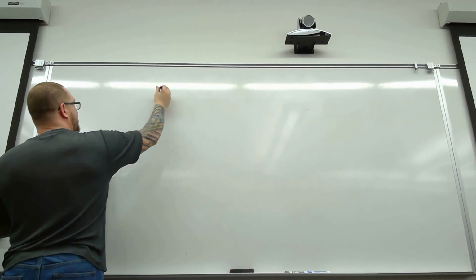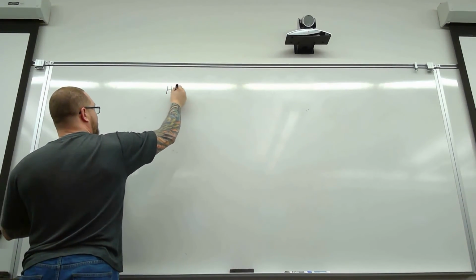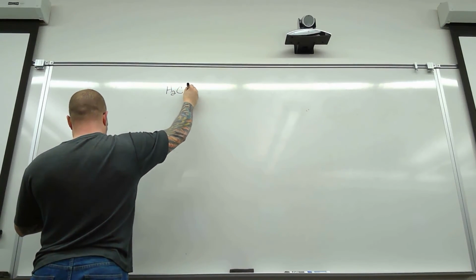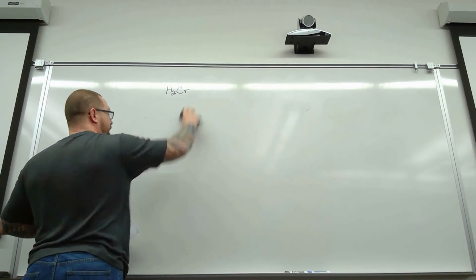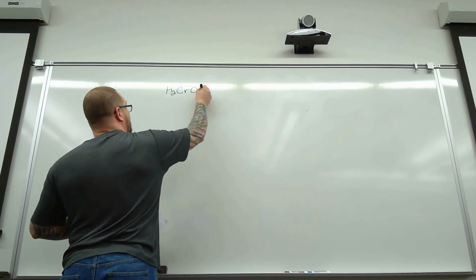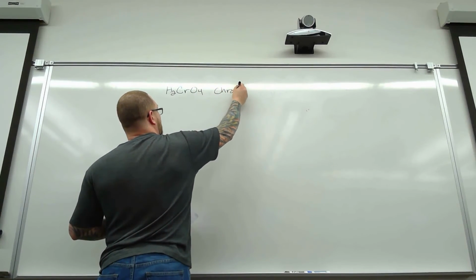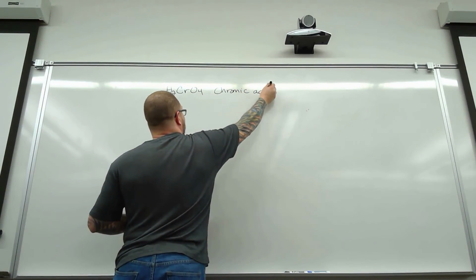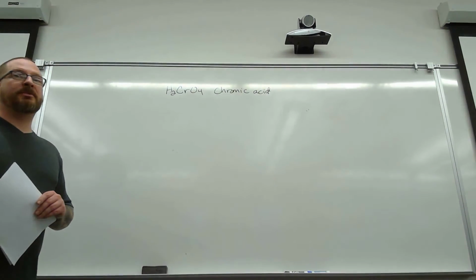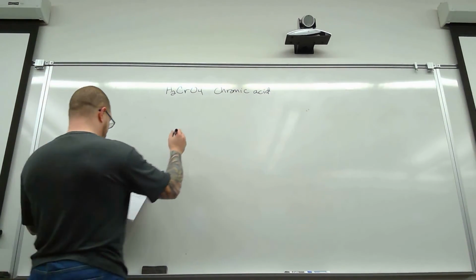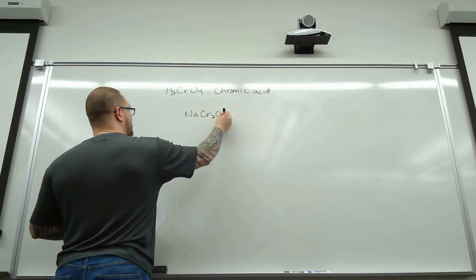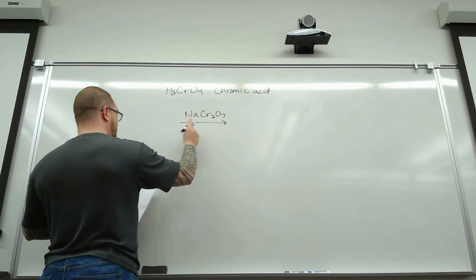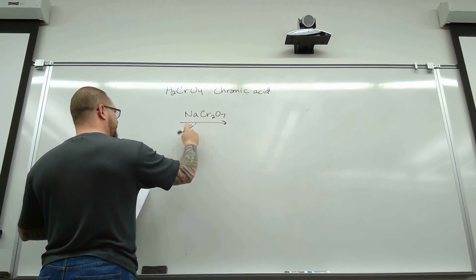Okay, so the first reagent is chromic acid, H2CrO4, not dichromate. Chromic acid is the reagent, but what you actually put into solution is sodium dichromate in the presence of acetic or sulfuric acid.